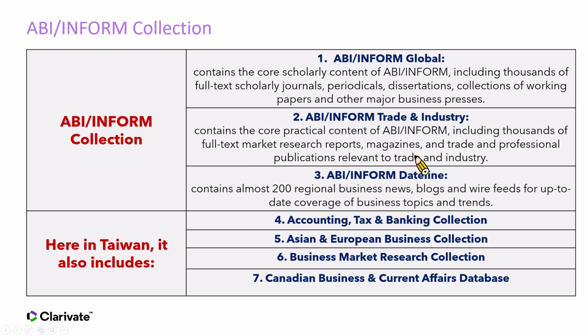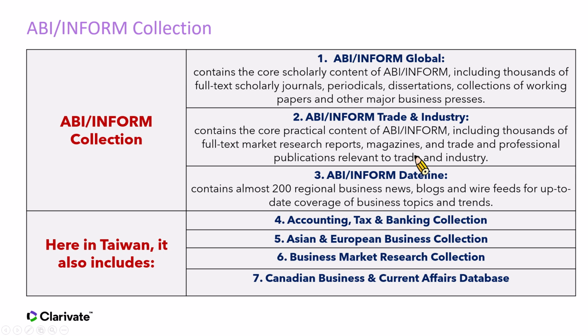But one thing I want to point out is the real ABI/INFORM Collection actually only consists of the first 3 databases. The other additional business-related databases are the accounting, tax, banking collection, Asian and European business collection, business market research collection, and Canadian business and current affairs database.